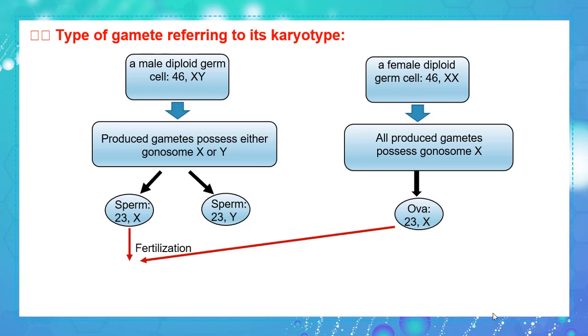Now, upon fertilization, the gender of the baby will be determined by which gonosomes are contained in the male and the female gametes.